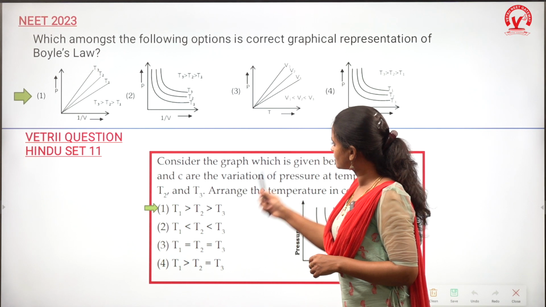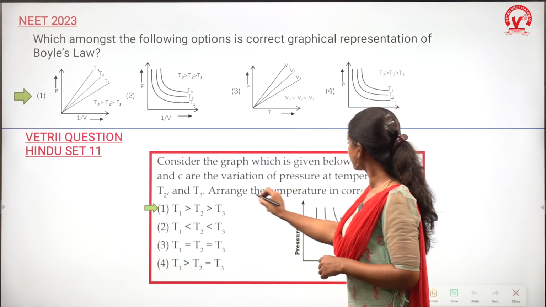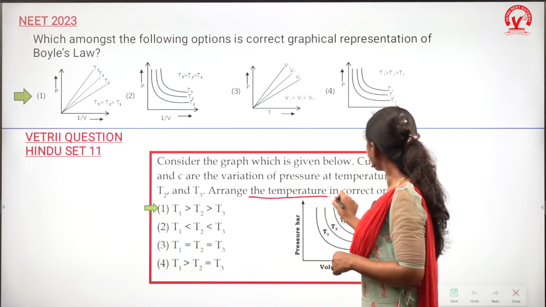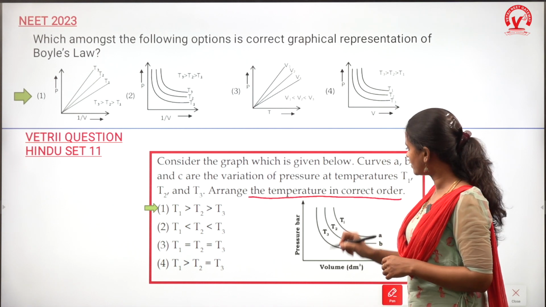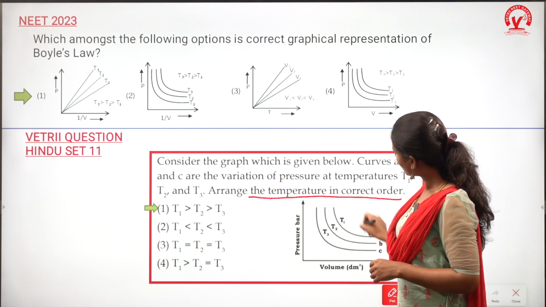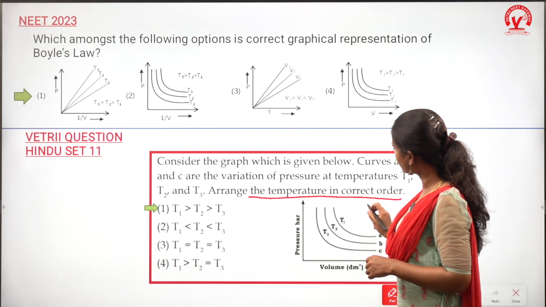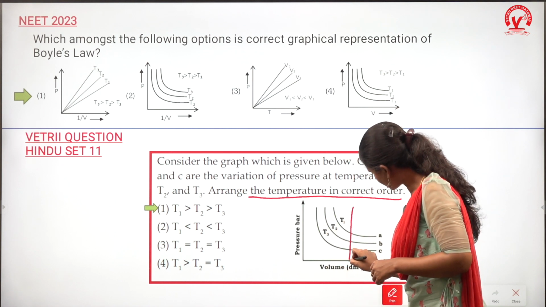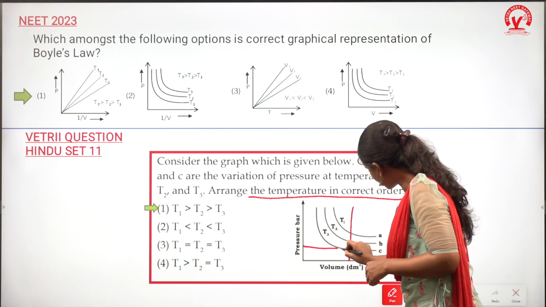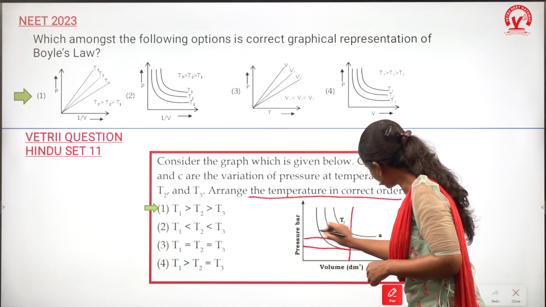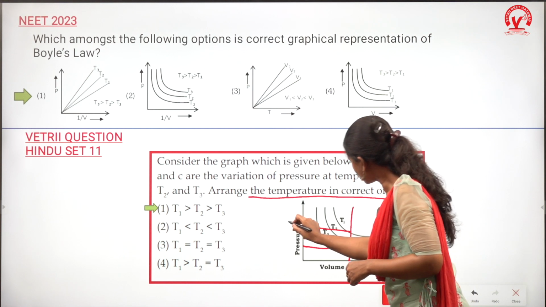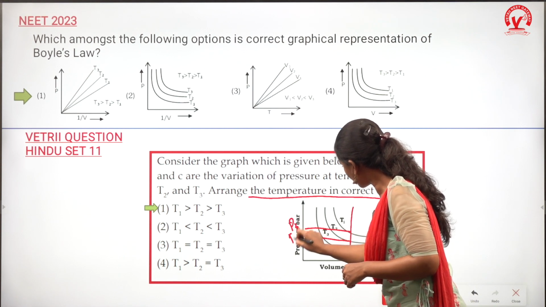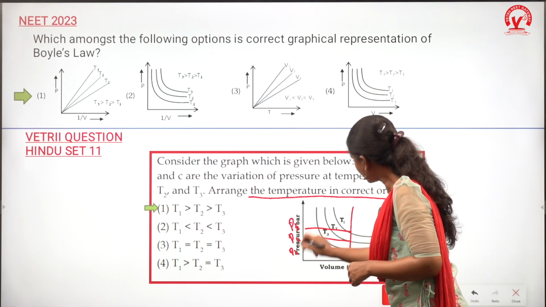Here this is our Vetri's question. Here we are asking to arrange the temperature in the correct order. This is also arranged by using Boyle's law. Here if we draw a line, we mark this point and this one and this. This is P3, P2, P1, increasing.